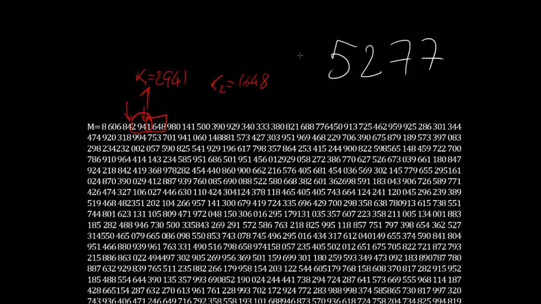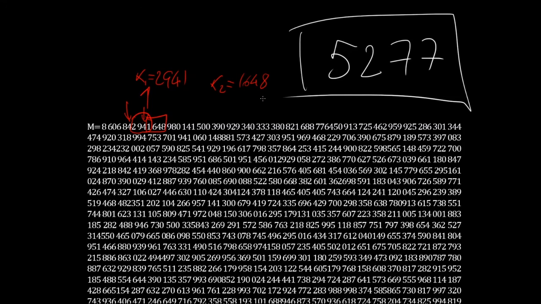This means that Alice and Bob don't have to share any other secret keys than the starting one. So they can encrypt 5,277 characters before having to run the initial key exchange again, I don't know, a Diffie-Hellman algorithm.